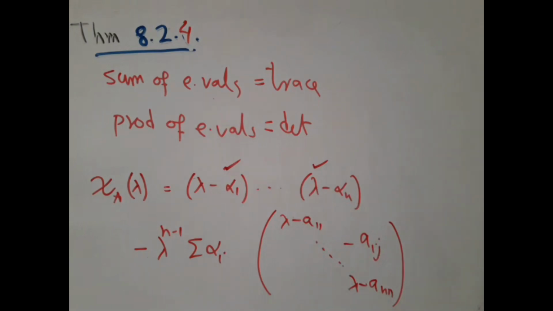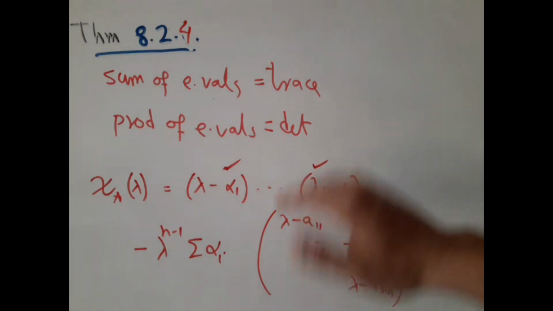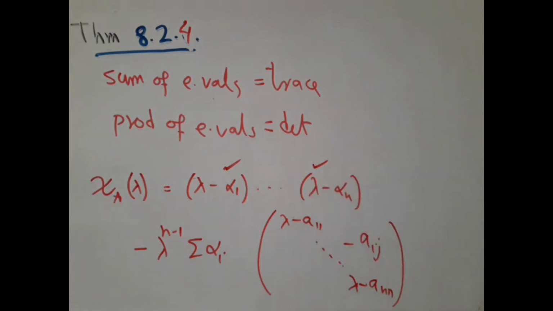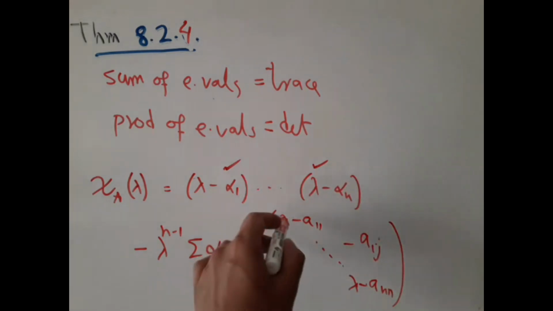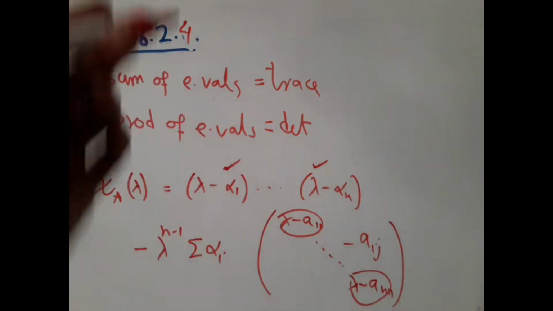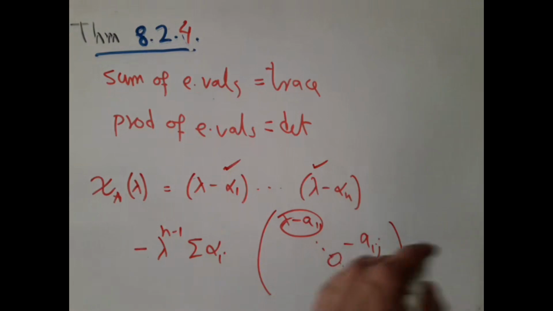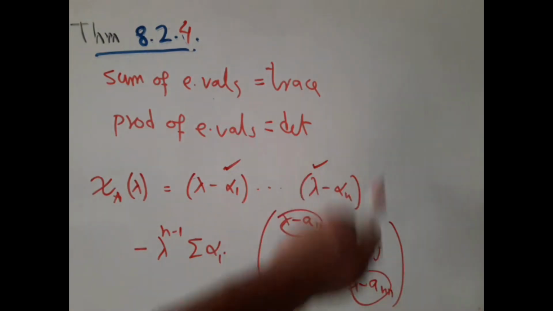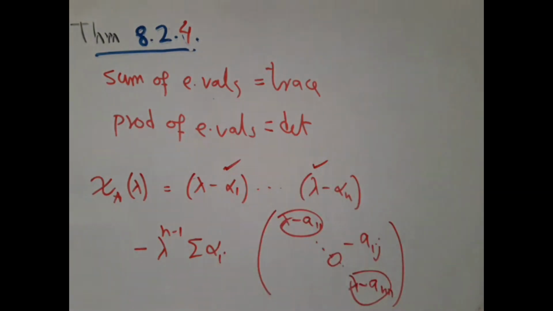Now, when I am considering the determinant, I am allowing exactly one term from each row and each column. So if I have chosen n minus 1 of the diagonal entries, the only thing I am forced to choose is the remaining diagonal entry, because all other columns and rows have been crossed out. But I do not have a lambda there, so I must be choosing whatever is there other than lambda. It is lambda minus a_ii, so I must have chosen minus a_ii.